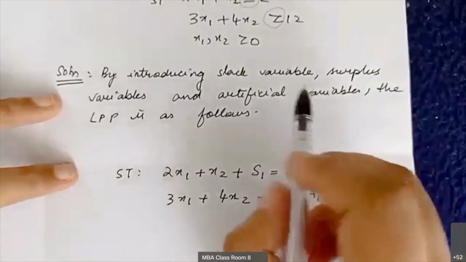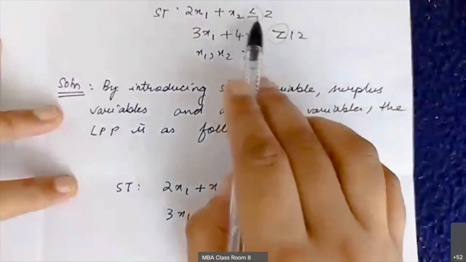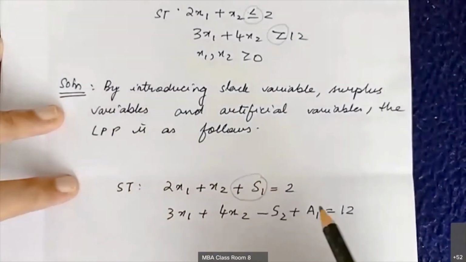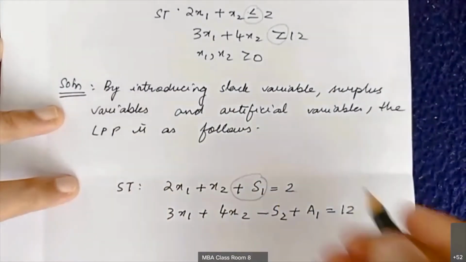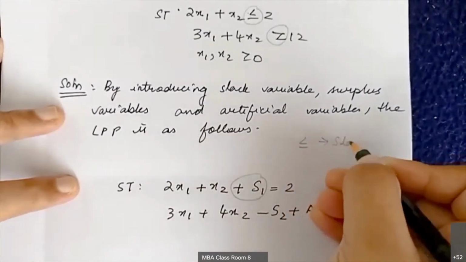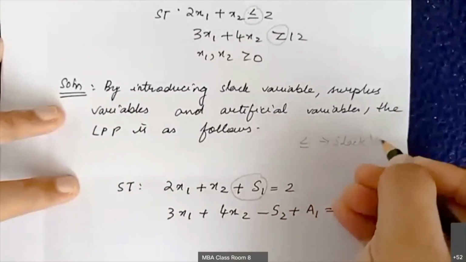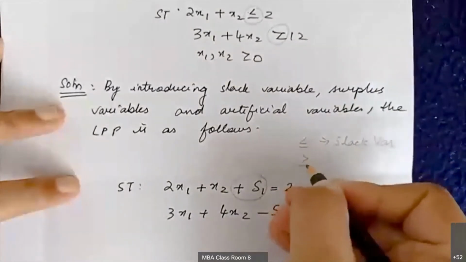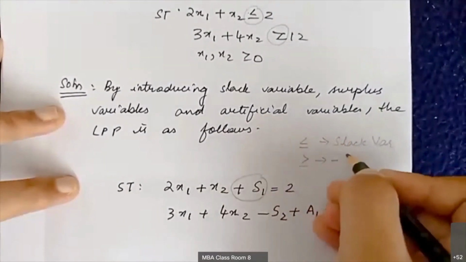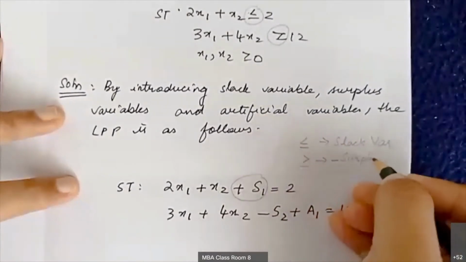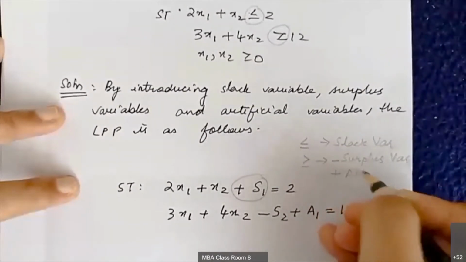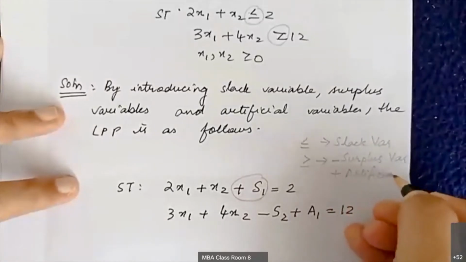Just remember, if you have the less than or equal to symbol, you just have to add the slack variable S1. If it is greater than or equal to, you have to subtract the surplus variable and add the artificial variable.